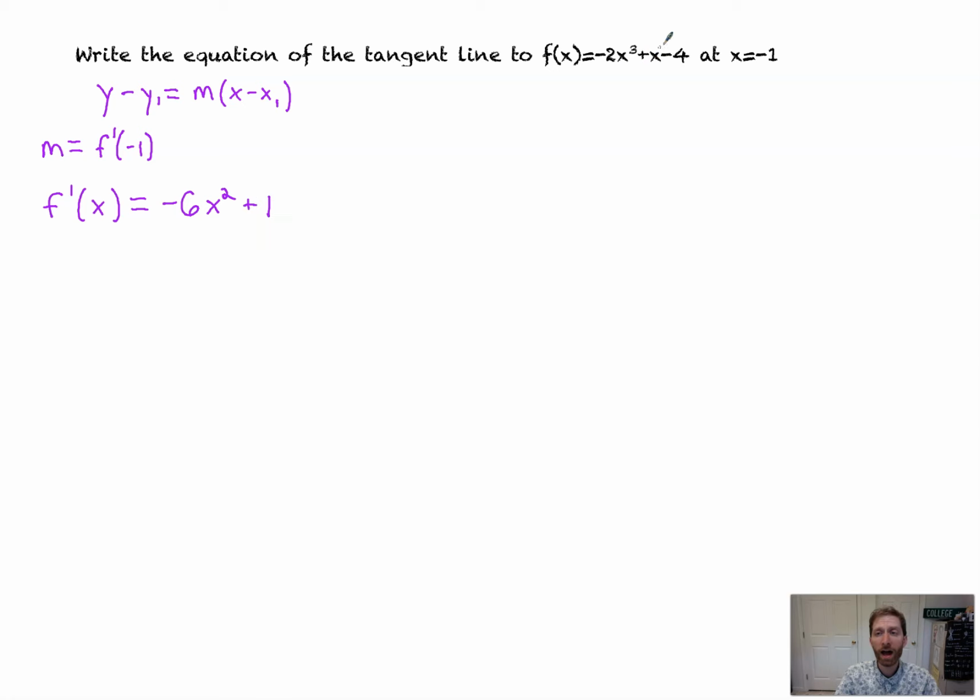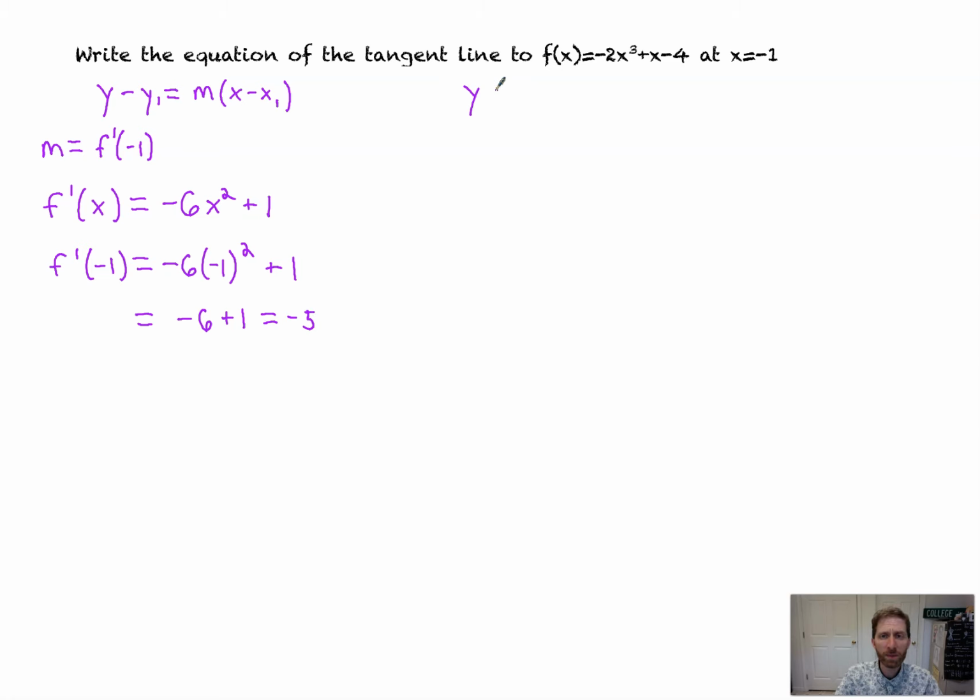And the derivative of a constant, that being minus 4, is 0. So that's our derivative. Therefore, f prime of negative 1, which is the slope at negative 1 of this curve, is negative 6 times negative 1 squared plus 1. That simplifies down to negative 6 times 1, which is negative 6 plus 1, which is equal to negative 5. Oh yeah, we got our slope.